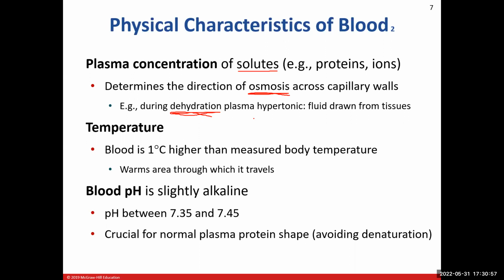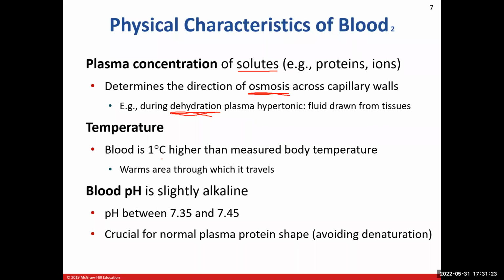Because remember, water always wants to go from an area of high water concentration to an area of low water concentration. But when we're dealing with osmotic pressure, water is going to go to where there's a higher solute concentration. So if there's more solutes in the blood, then water moves from the tissues into the blood. And when it draws water out of the tissues, you become dehydrated.